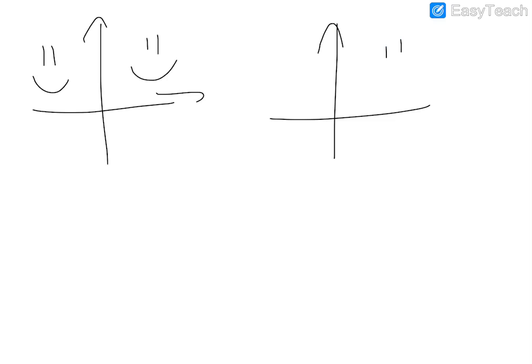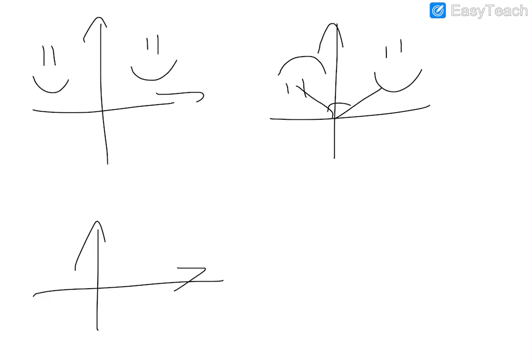And as a recap, a translation is when you're moving a shape, actually let me just draw a smiley face. When you're moving it somewhere, this is a translation. A rotation is where you're taking the smiley face and rotating it around. A reflection is when you're taking the smiley face and reflecting it across some line.